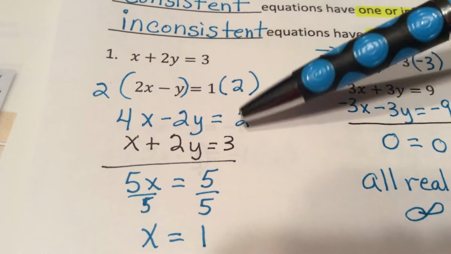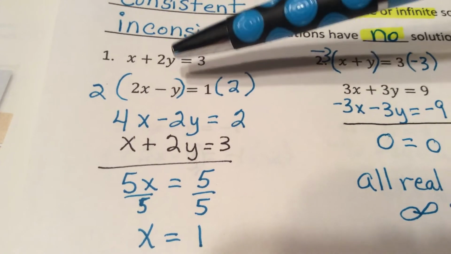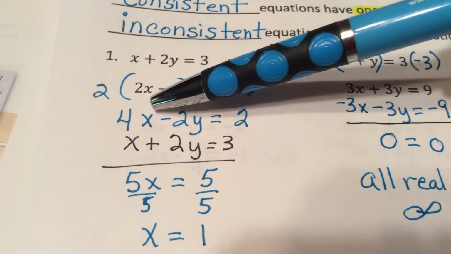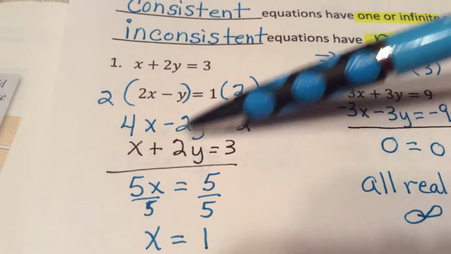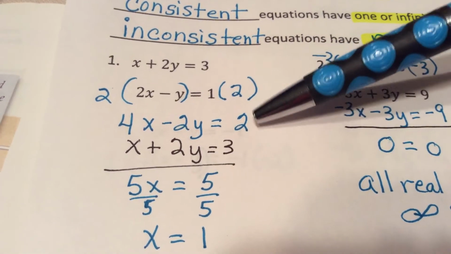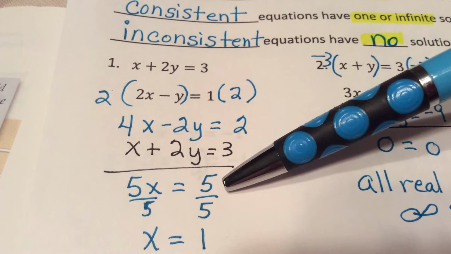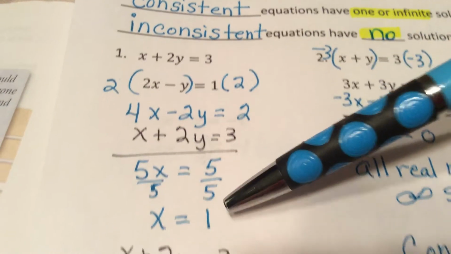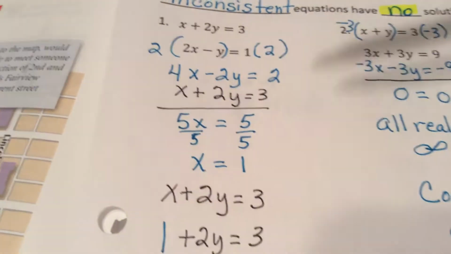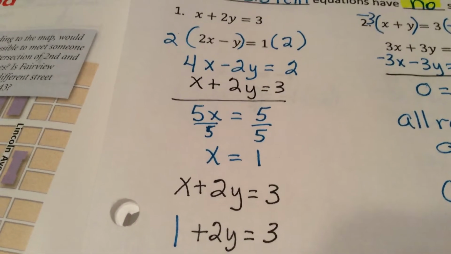Equals 1 times 2, which is 2. When we add these, 4x plus x is 5x. These two eliminate each other. 2 plus 3 is 5. To solve for x, we divide by 5. We get x equals 1.